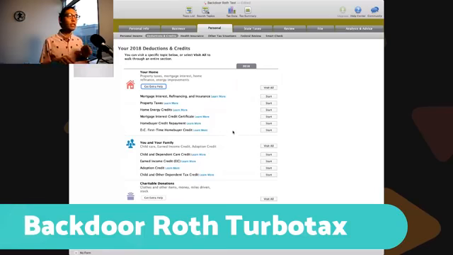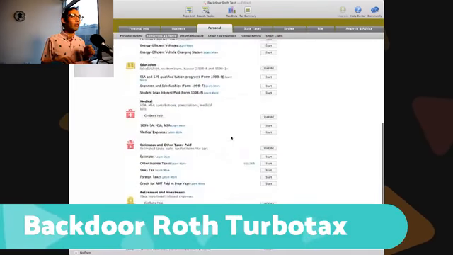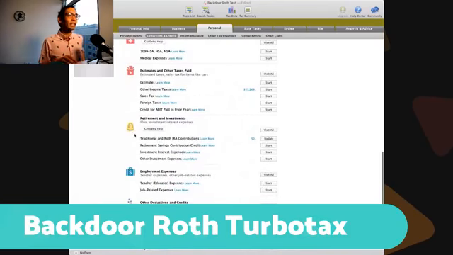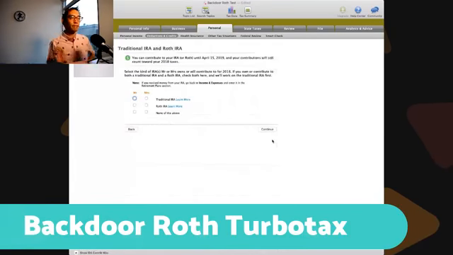If we scroll down, over here in the yellow portion with the dollar sign, we have retirement and investments, and we have traditional and Roth IRA contributions. The first step of the Backdoor Roth is putting the money in. So I'm going to go in here and update this portion.